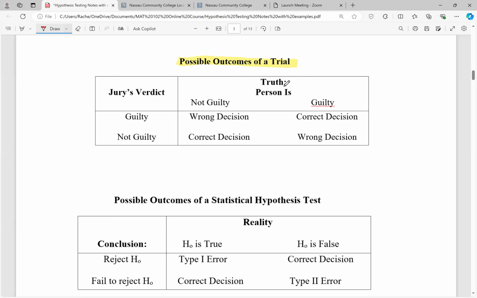Or the other wrong decision could be finding a guilty person not guilty and they're set free, they're off the hook. But that could be very dangerous, right, to the community because they're back out in society, a potentially dangerous person, and they could commit crimes that are just as bad or even worse.